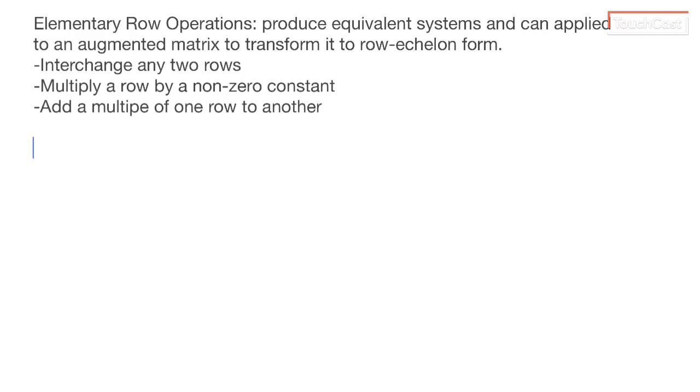So now let's talk about the process of Gaussian elimination. First, a little history lesson. Carl Friedrich Gauss is a German mathematician which this method is named after. There are some steps, the first of which is to write the system as an augmented matrix.